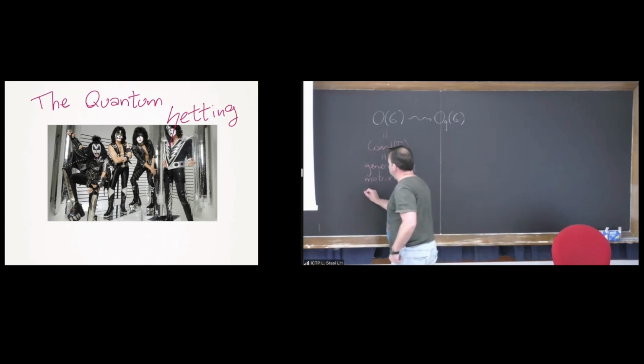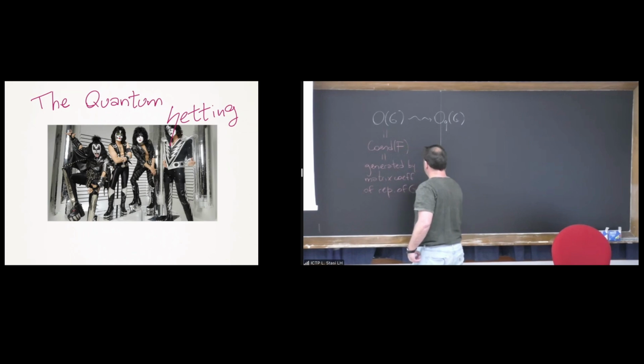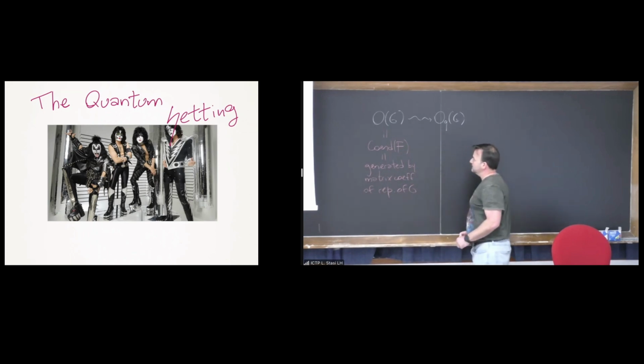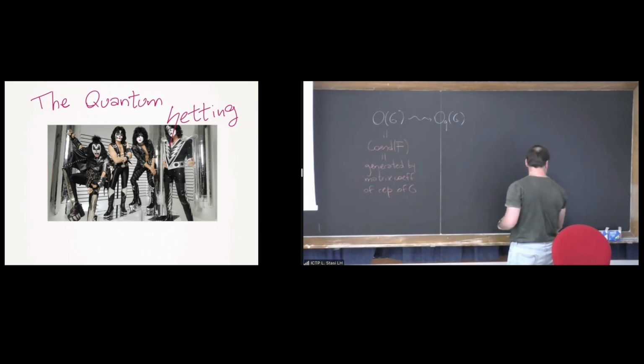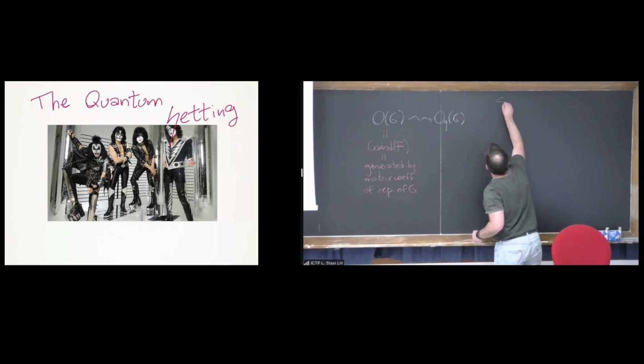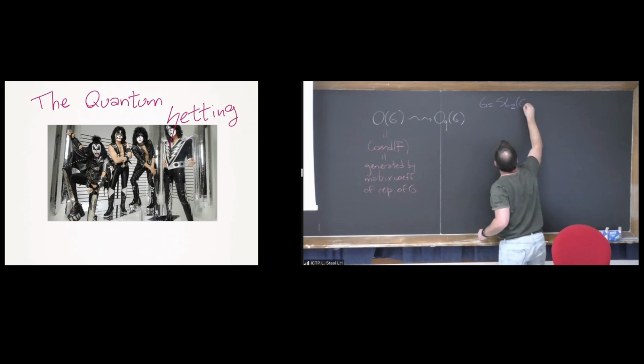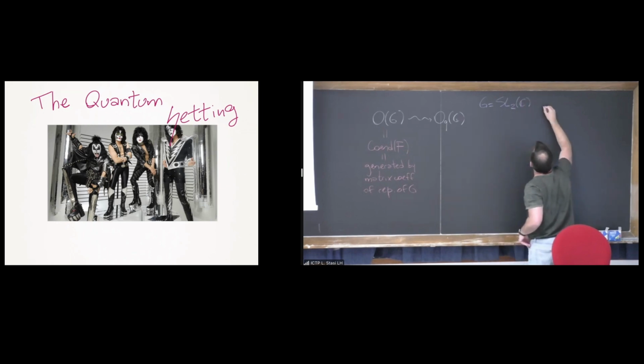Matrix coefficients of representations of G. The problem is, we want to construct something like this, but do we need all representations? The answer is no. For some examples, for example, if we take SL2 as G, say over the complex numbers, we need only one, the standard representation.